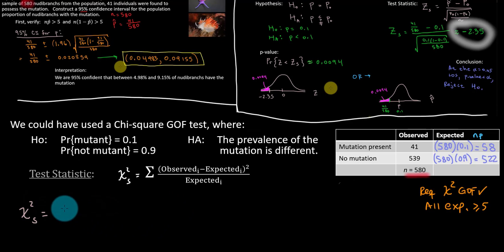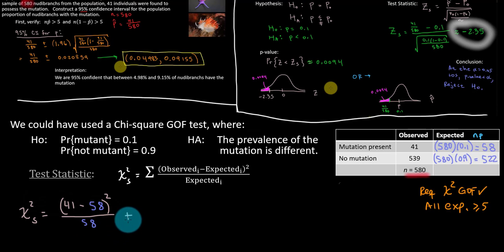Because there are only two categories here, this will be fairly quick. The number observed with the mutation was 41, but if the true population proportion was 10%, we would have expected to see 58. Then we subtract, square, and divide again by 58.